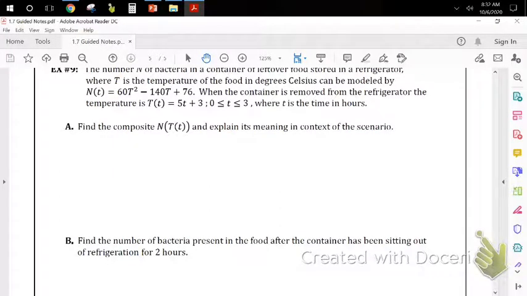So first let's find N of T of t. So N is on the outside, so it's going to be my skeleton. T of t is on the inside, so it's what we're going to plug in. So we have 60 T squared minus 140 T plus 76. That's my skeleton, and we're plugging in T of t, what's on the inside here, which is the 5t plus 3.